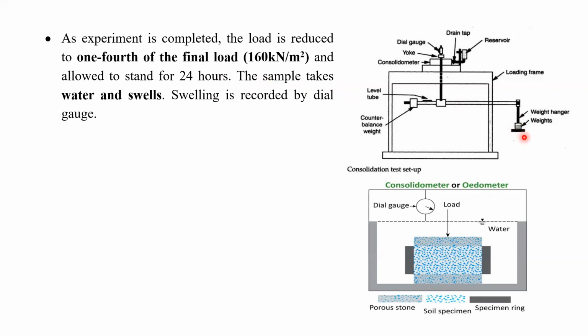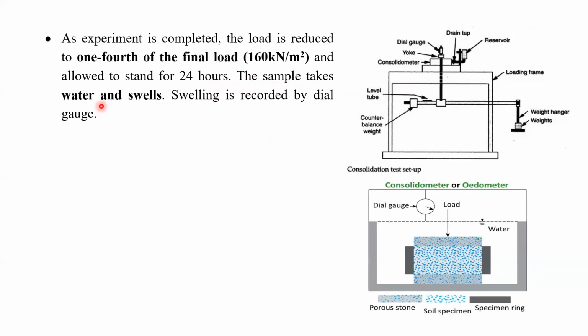Now we are going for unloading. So we have to unload it, and again we have to note down the readings for the next 24 hours. Once you remove the load, how the expansion takes place in the soil due to the removal of the load.